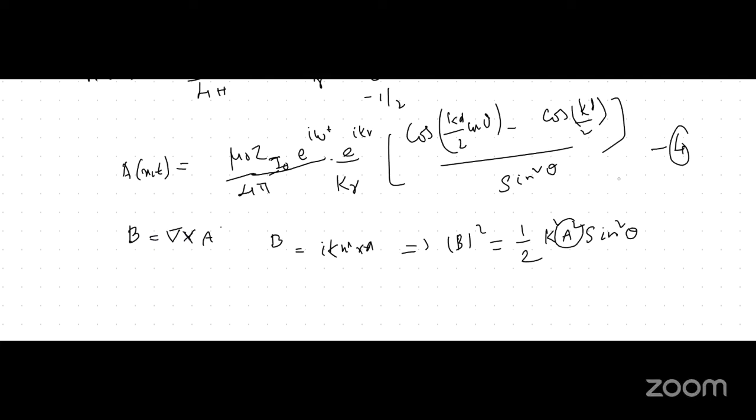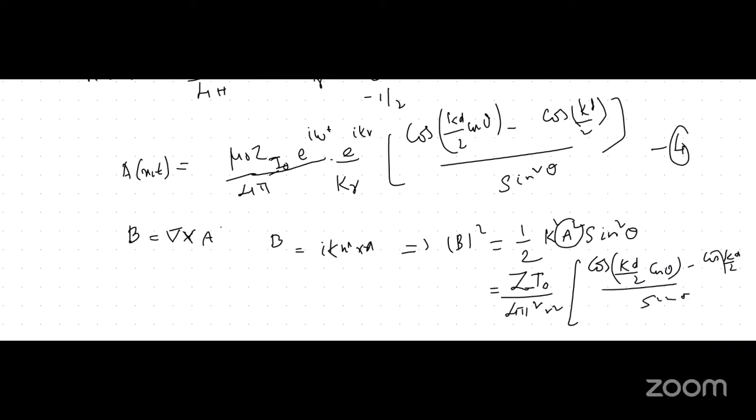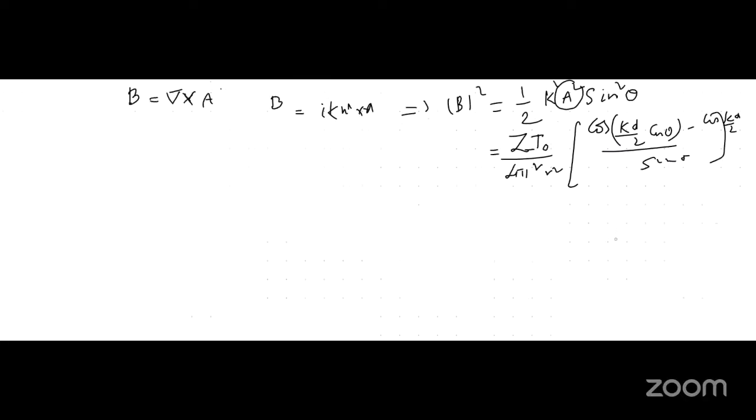So we will get this elemental value as z I naught by 4 pi square r square into the entire value: cos of kd by 2 cos theta minus cos of kd by 2, divided by sine theta. So this is the B square value you are going to get.